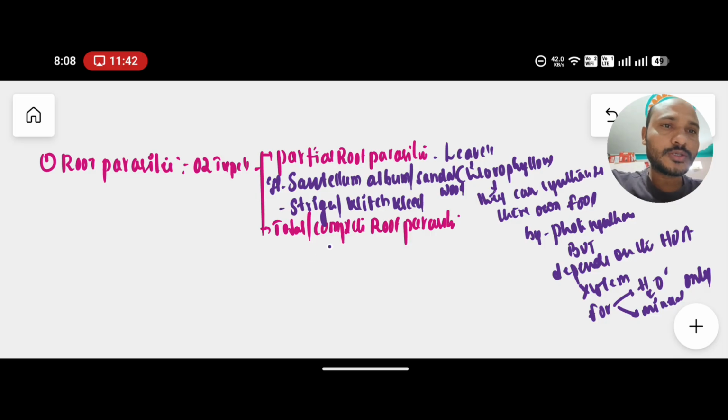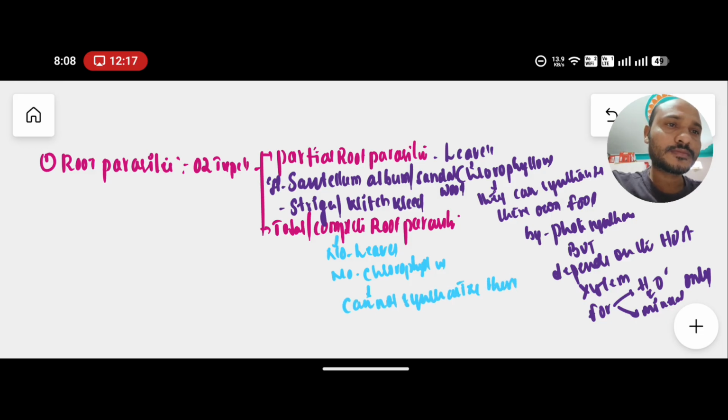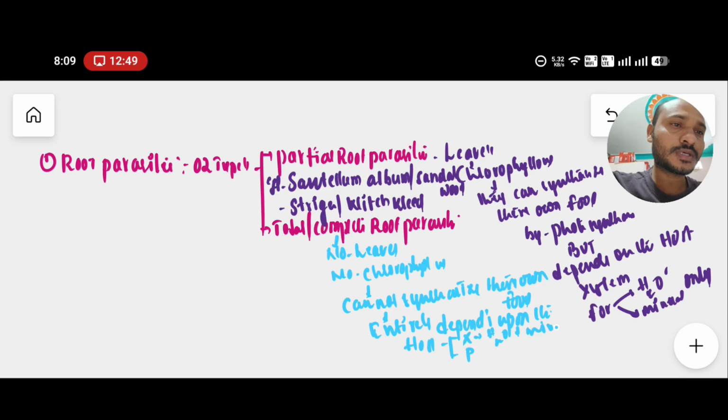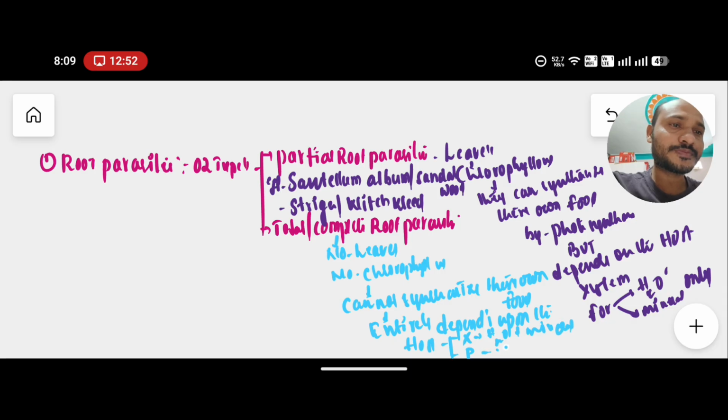Now coming to total or complete root parasitic plants. Here there are no leaves, hence no chlorophyll, hence they cannot synthesize their own food. This means they entirely depend upon the host xylem and phloem: xylem for water and minerals, and phloem for food.